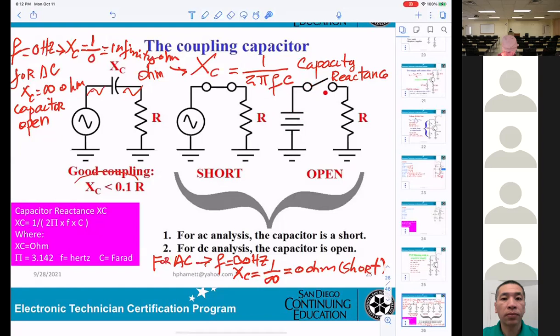That means they don't allow any DC current to flow. That's why when you're working on the oscilloscope, you need to set the coupling, AC coupling or DC coupling. If you set it to DC coupling, what happens on the oscilloscope?